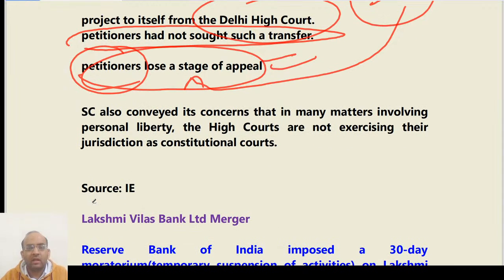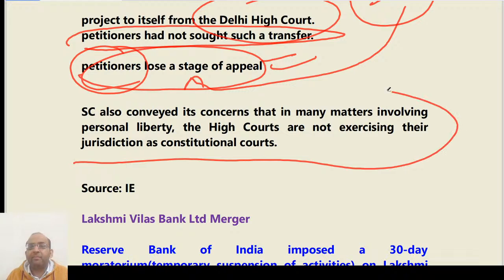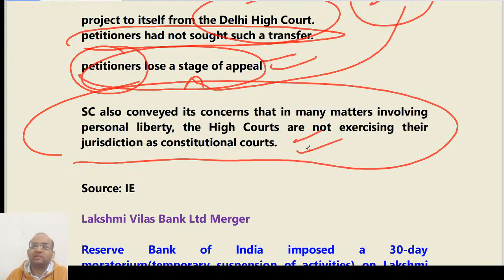Now, the Supreme Court has also expressed concern in the past that high courts are not exercising their constitutional jurisdiction of protecting fundamental rights properly. They are not protecting the fundamental liberties of people. So they have pinpointed that high courts are not capable.